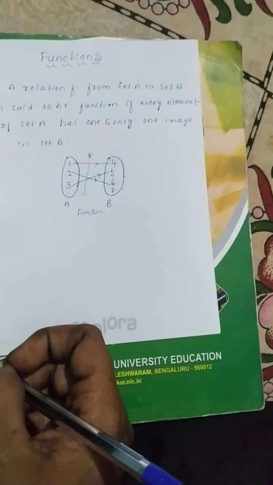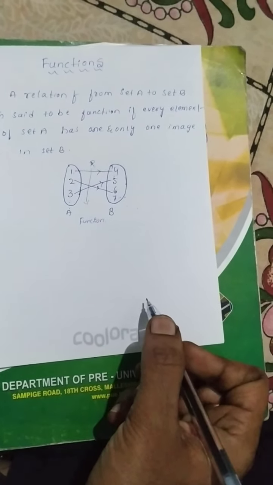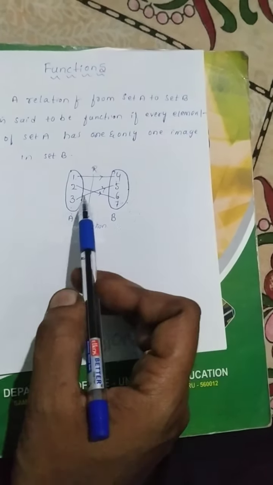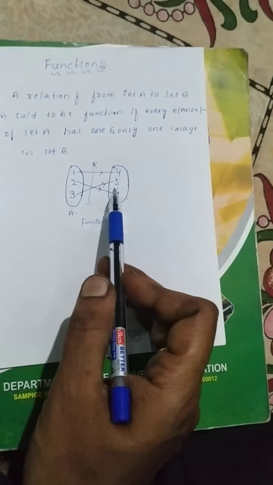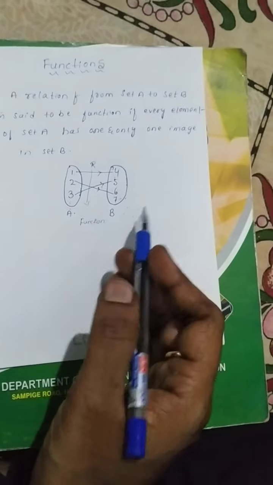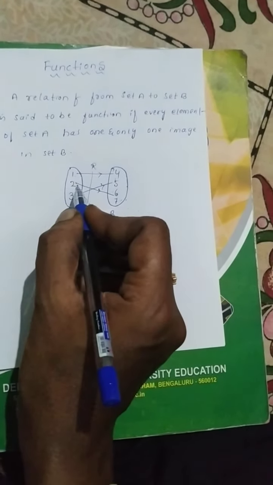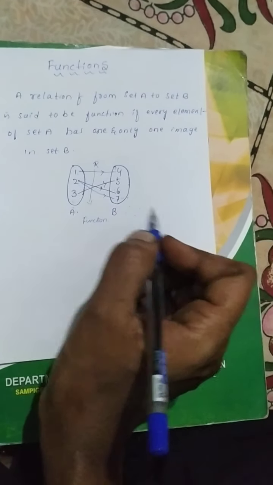Is it clear? We call a relation a function when it is a mapping from set A to set B, and every element of set A has only one image in set B. For example, you may take this 2, and it may be mapped with a 7. This is one scenario.